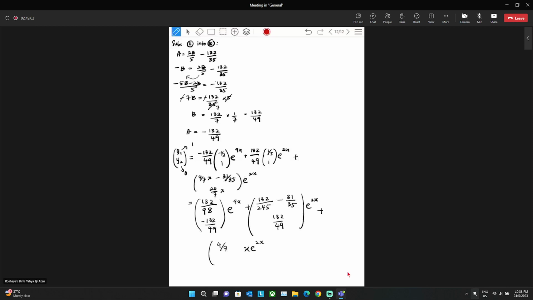So, if you solve this, what do you get? Class? This one? If you solve this? Can you speak louder? Negative 17 over 49. Negative? 17 over 49.